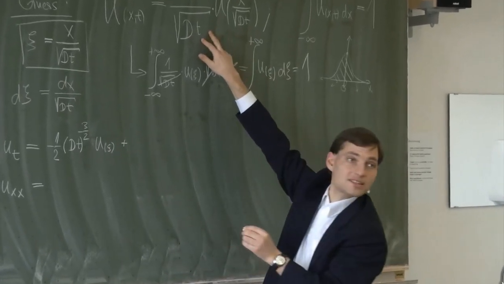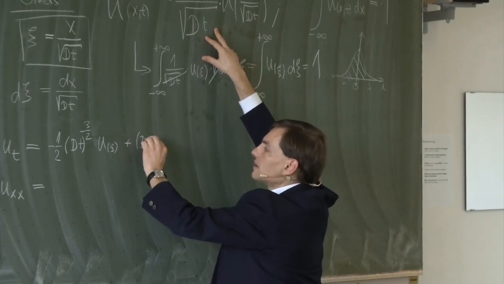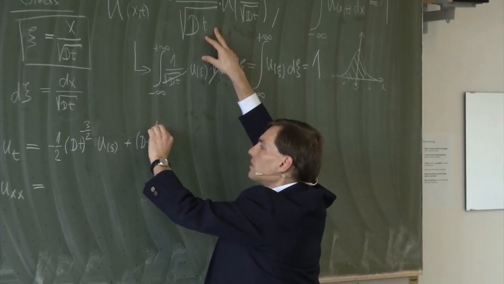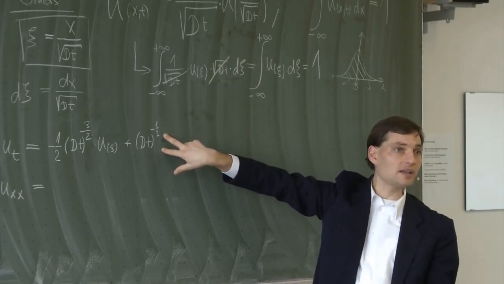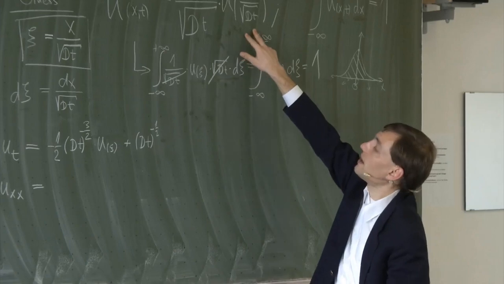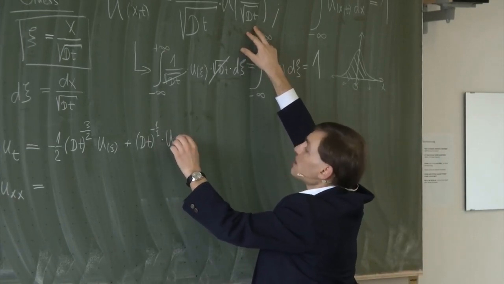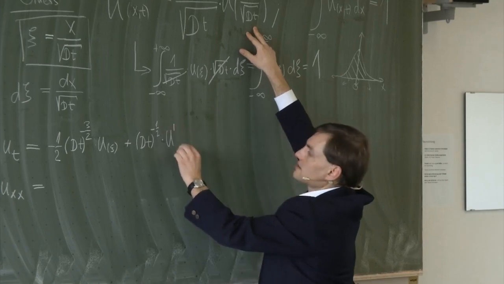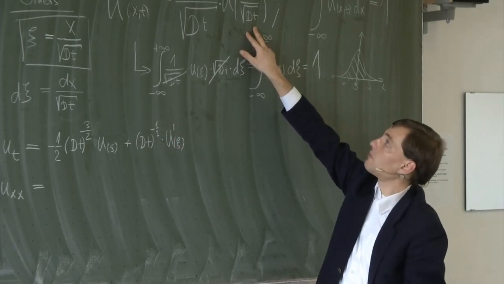Now we keep the first term. Can I write the first term, right? Instead of 1 over square root of 4t, I can write it as 4t to the minus 1 over 2. That's the same, just in another way. And now we have to compute the derivative of this, which is a function of xi. That can be written with a prime, u prime of xi.